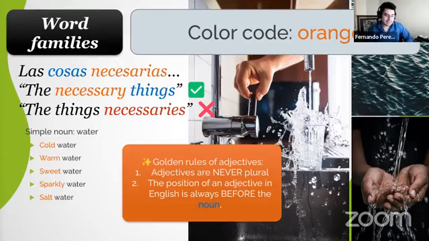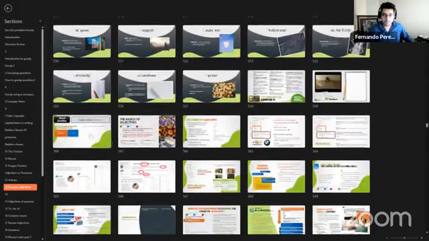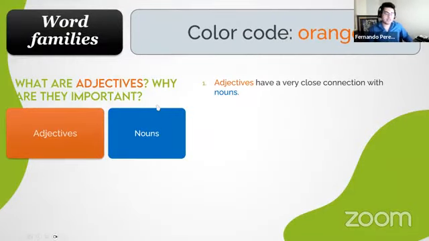So that is the most important information about adjectives. They go always before the noun, they are never plural, and they describe nouns. Those are the three things you need to remember to continue these lessons. So let's repeat it. Number one, adjectives have a close connection with nouns because adjectives describe nouns.